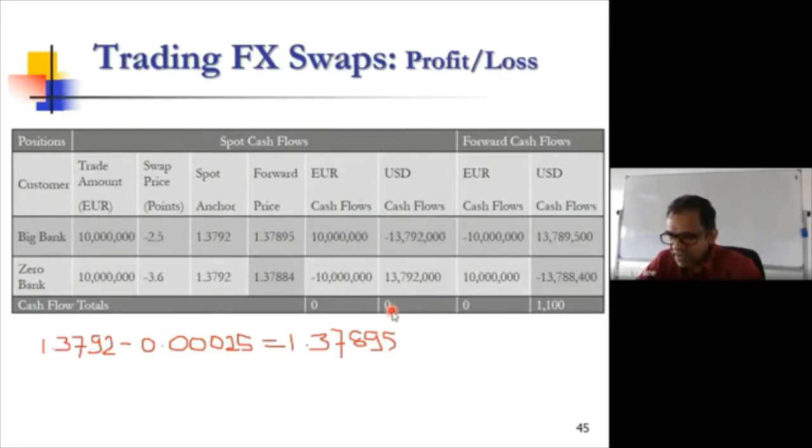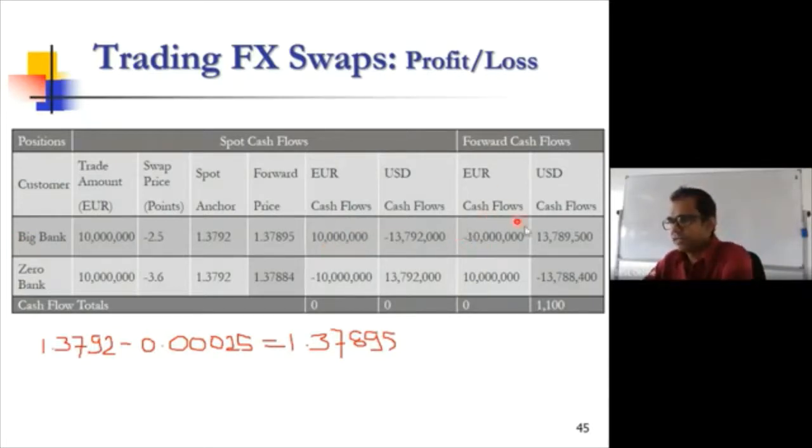But what are the cash flows in the far leg, forward leg? So with the Big Bank, it's a buy sell transaction. You bought euro on the spot date, then you sell euro on the forward date.